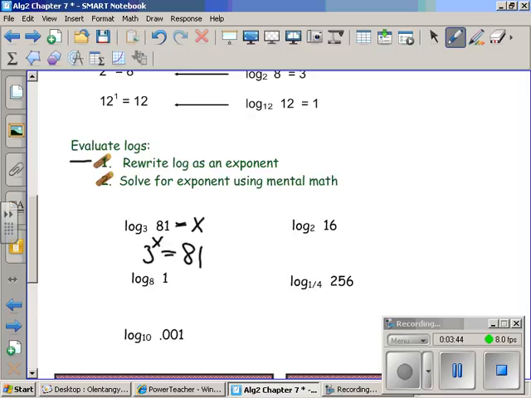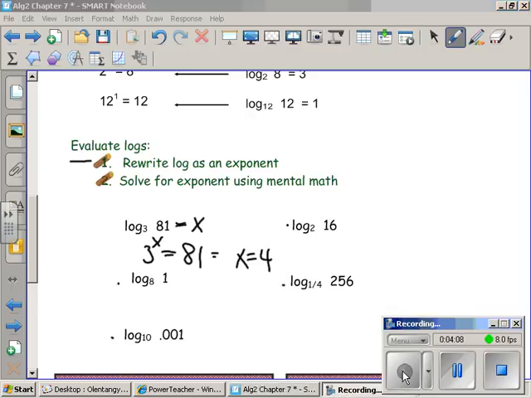Well, now let's use a little bit of mental math. How many times can I multiply 3 by itself to get 81? Well, 3 times 3 times 3 times 3 is 81. So x, in this case, would equal 4. Okay? Take a second and try these other 4.